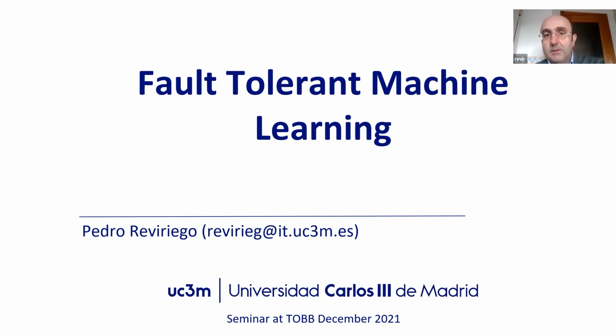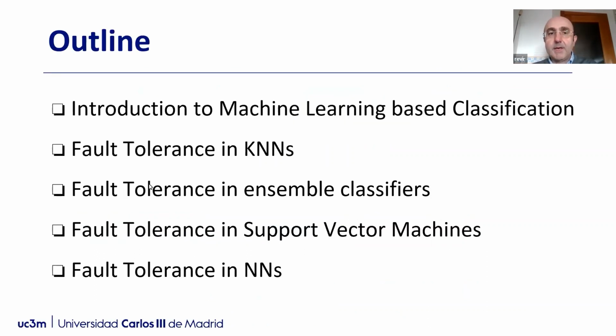Okay, so machine learning is now being used increasingly in many systems, and some of them are safety critical systems or systems in which errors are not acceptable. So there is a need to design reliable machine learning systems, and this is not straightforward to do at a reasonable cost.